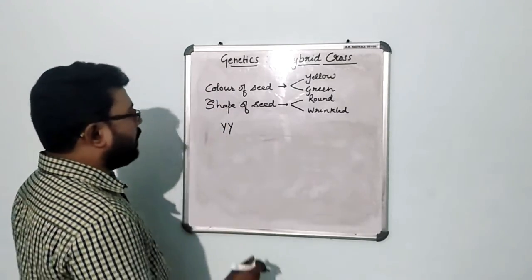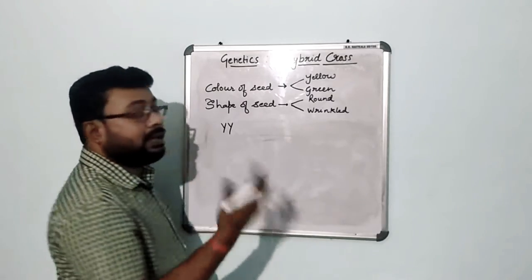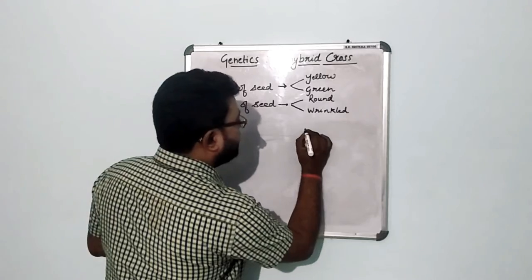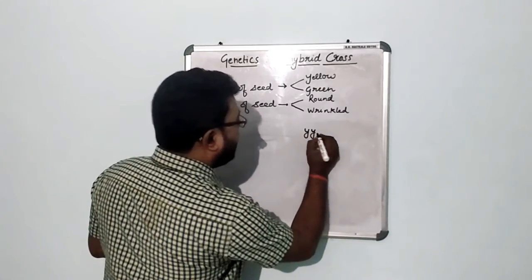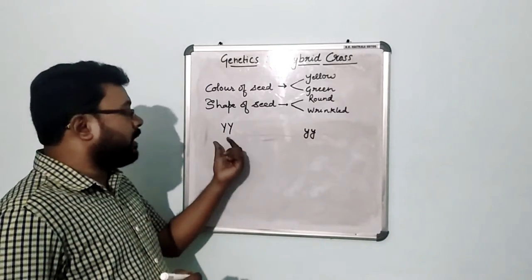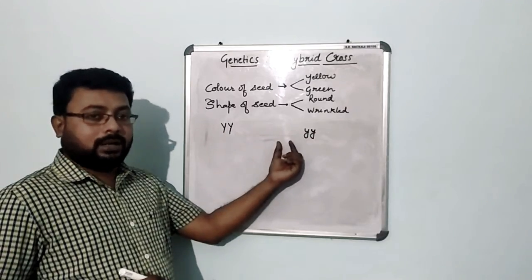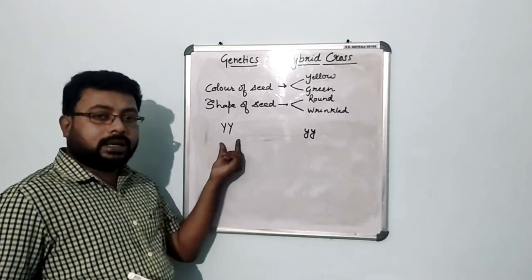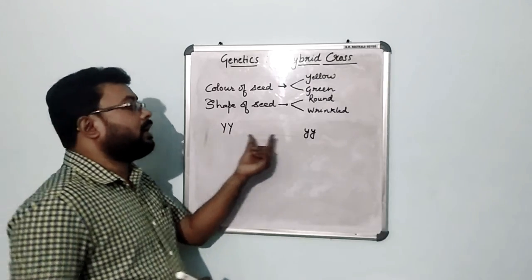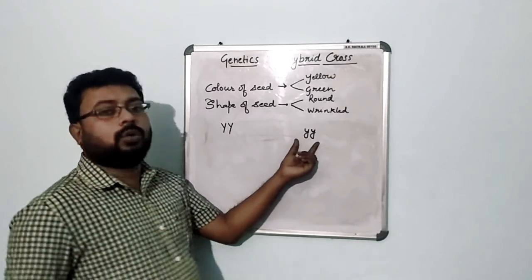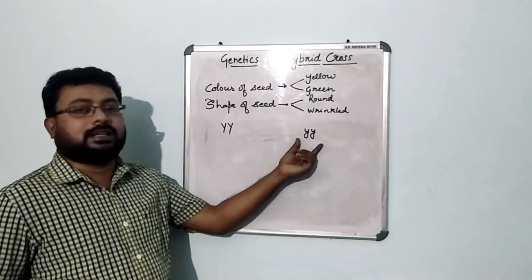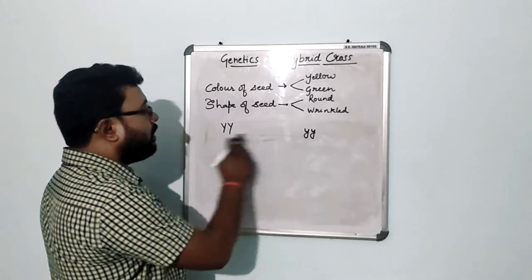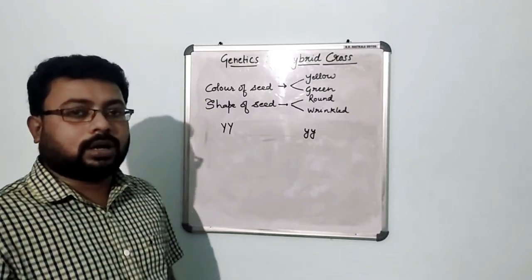Similarly, how am I going to write green? I told you that the recessive trait of the same character will be represented by the same alphabet. Green is again a color, so we are going to represent it with the same alphabet, but it will be lowercase because it is a recessive trait. So this denotes green color and this denotes yellow color.